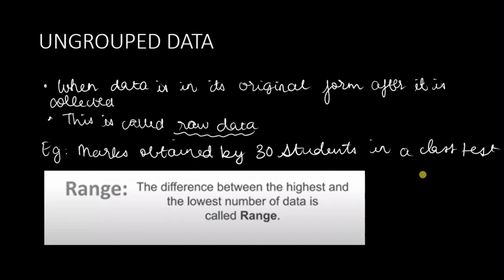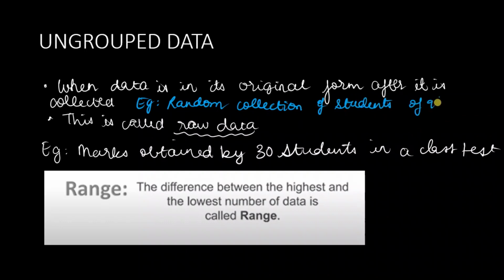When data is in its original form after it is collected, we call this ungrouped data, right? For example, I'm just randomly collecting the marks of 30 students of 9th standard.